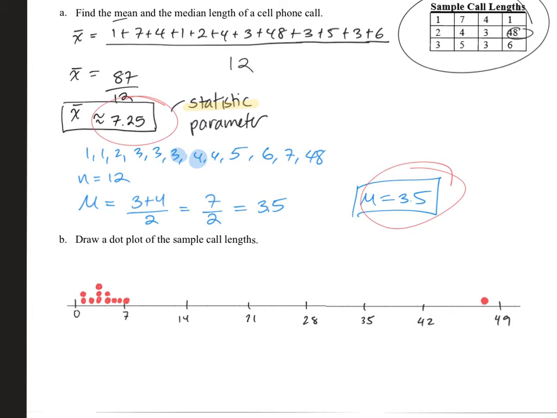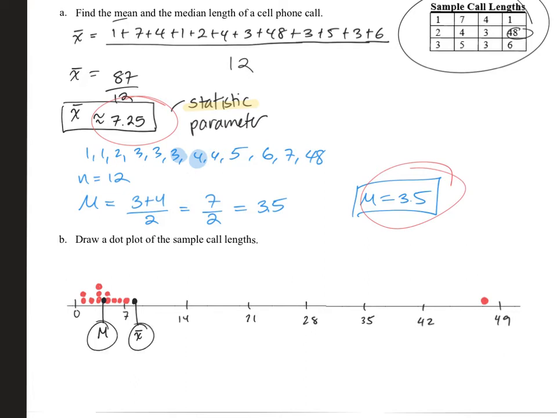Let's see, that's a little past 7. And the other one, which is about 3.5. So about there. The 3.5 was my median, and the 7.25 was my mean.